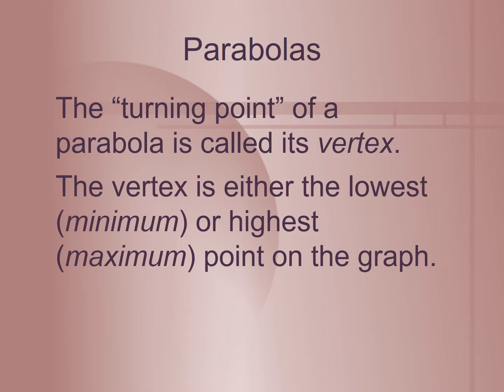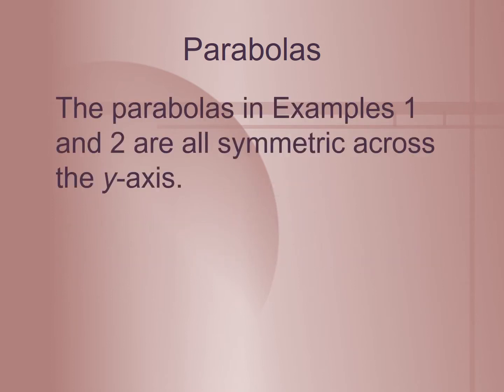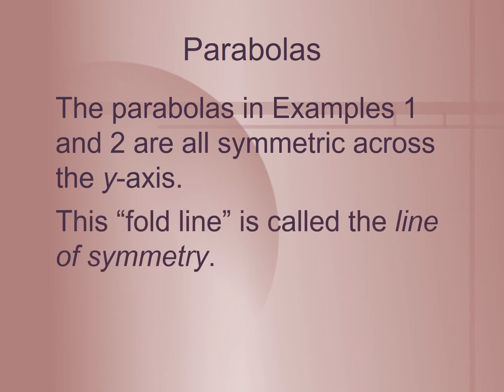So the vertex is either going to be the lowest, which is the minimum, or the highest, which is the maximum point on the graph. So the parabolas in example 1 and in example 2, they're all symmetric across the y-axis. So that y-axis, or where it's folding over and then symmetric, is called the line of symmetry.